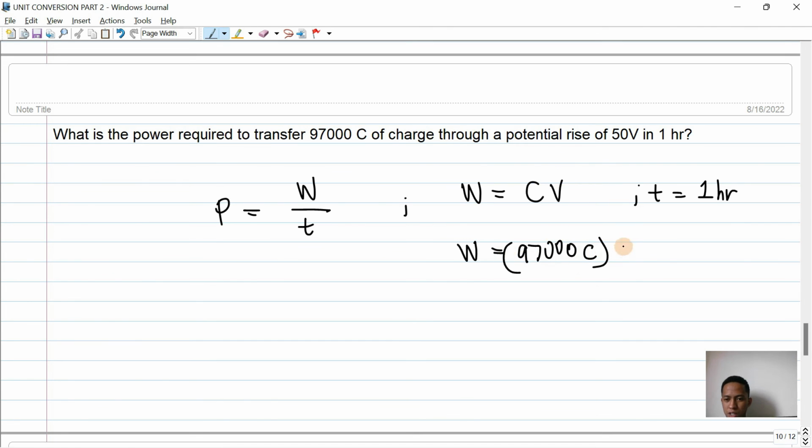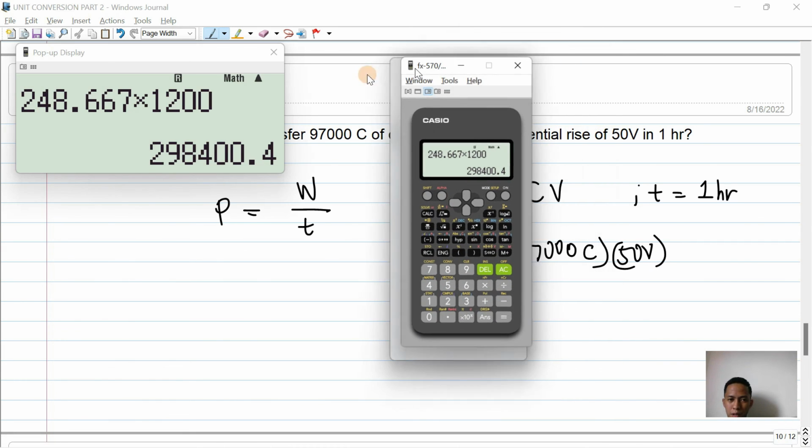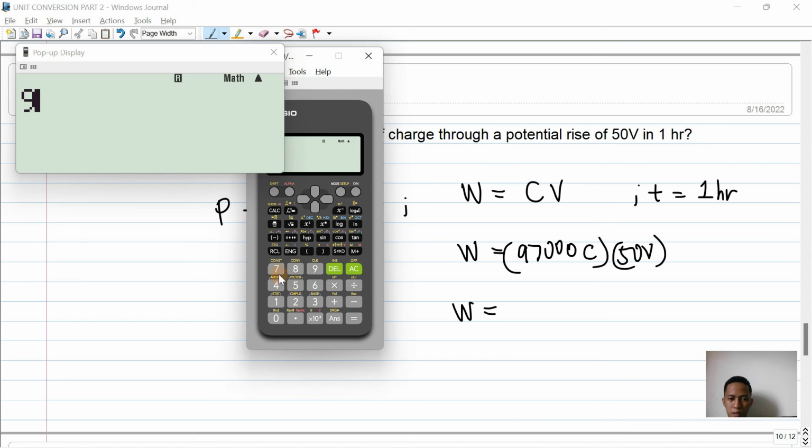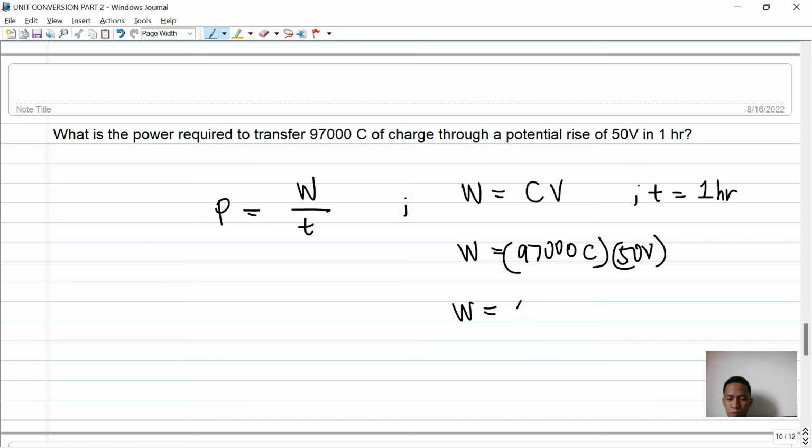Yung voltage natin is 50 volts. So 97,000 times 50 equal. So that is 4,850,000, that is coulomb volt or volt coulomb.